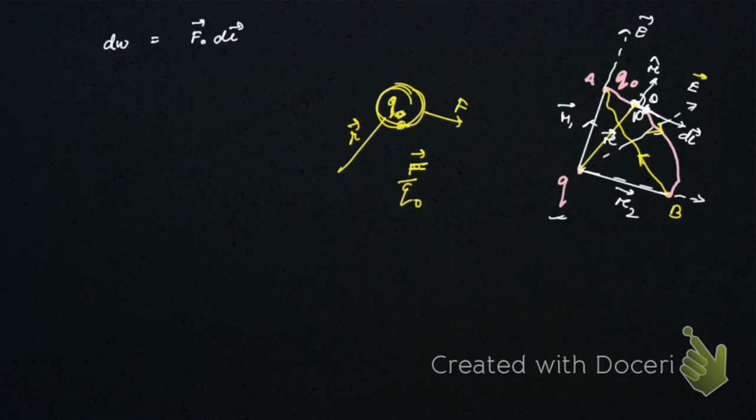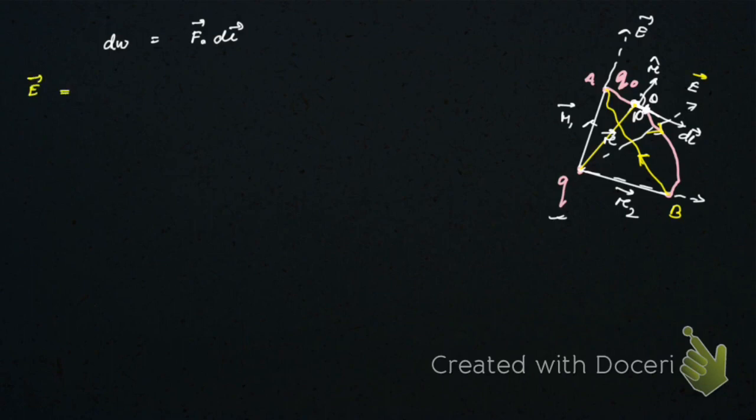So by definition, E is equal to the limit q tends to 0 of F by q naught.